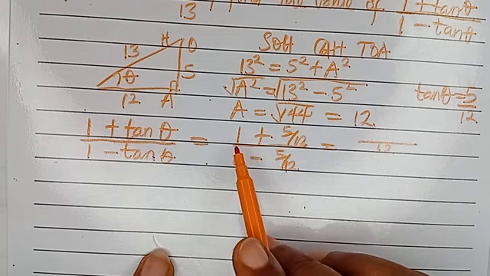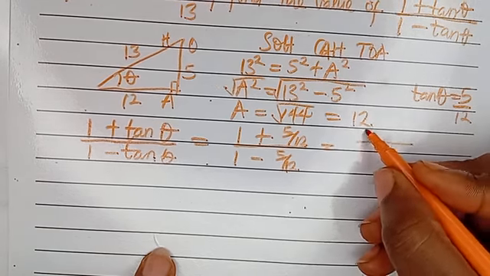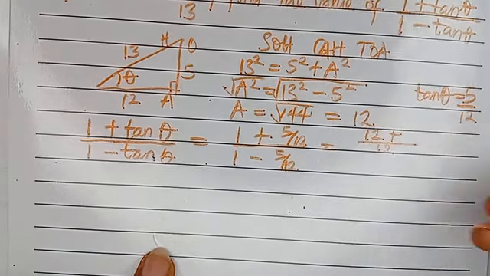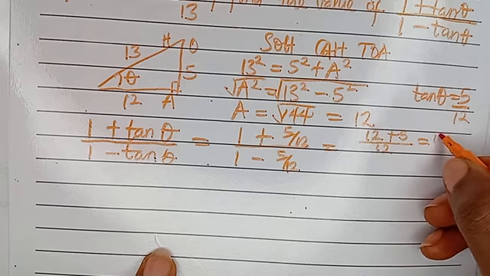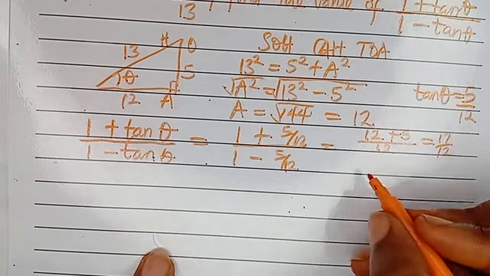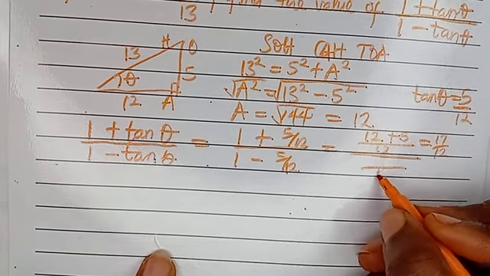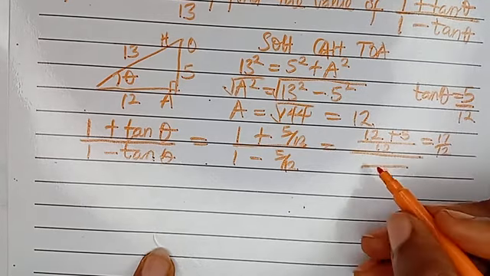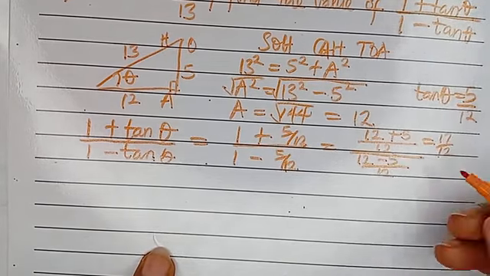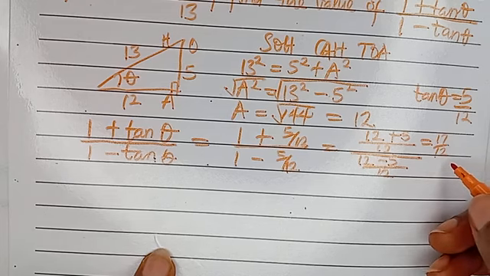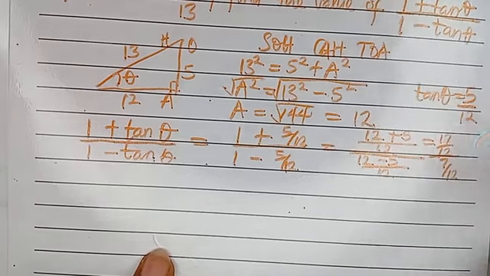The denominator 1 dividing into 12 is 12 times 1. We have 12 plus 5, giving us 17 over 12. Then for the denominator, the LCM is still 12, so we have 12 minus 5, giving us 7 over 12.